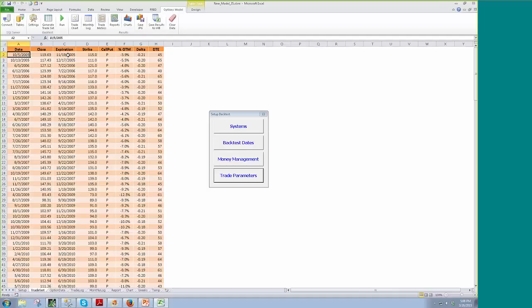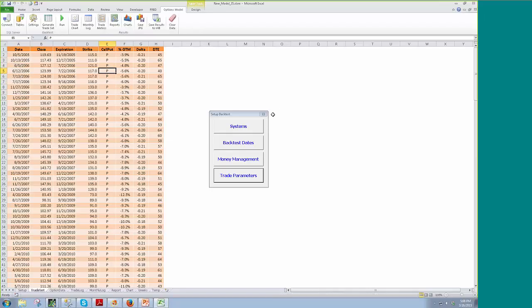So the program says, you know what you can do is sell a 115 put that has a November 19th expiration. It happens to be 45 days to expiration, and it has a delta of 20. Bingo, I'll take it. So it goes down through that with every single date.